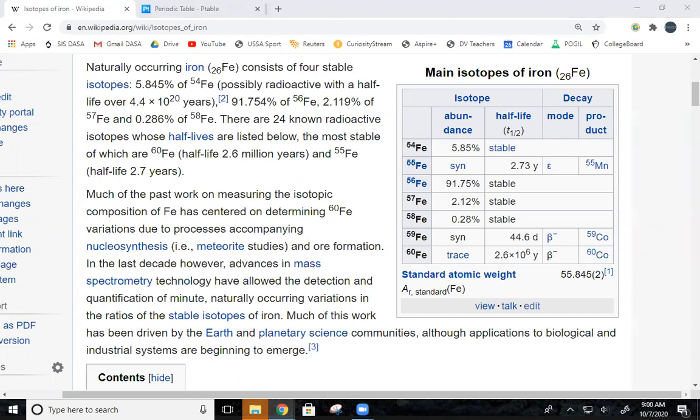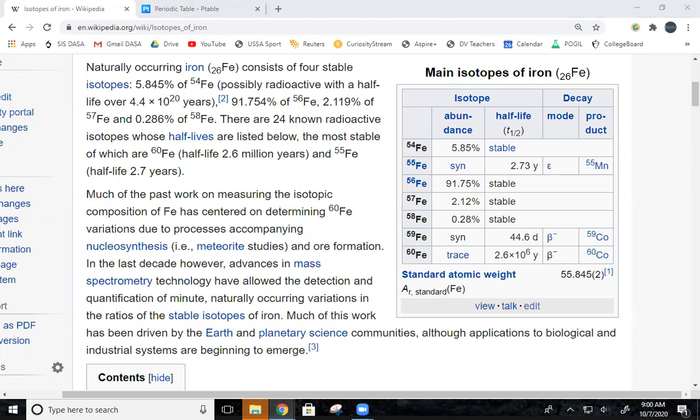So when we look at these, I'm just going to make a quick little table here. Iron 56 is 91%. Iron 56. And then iron 58 is 0.2%.